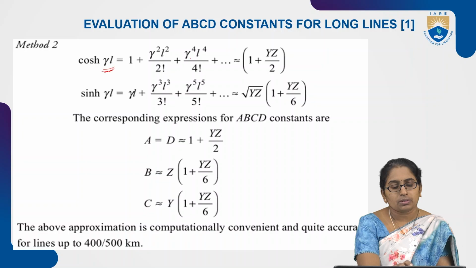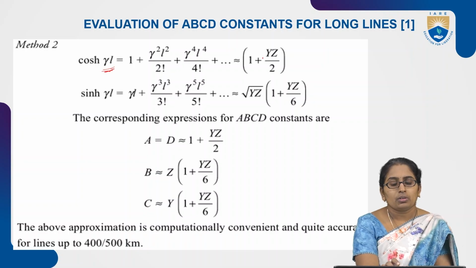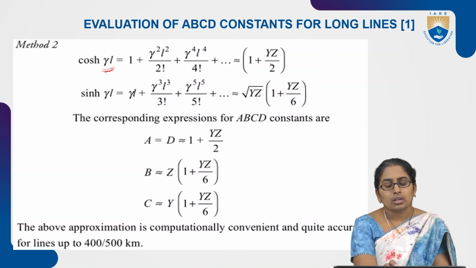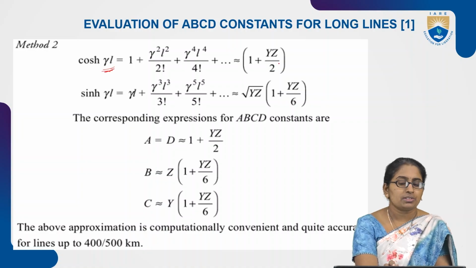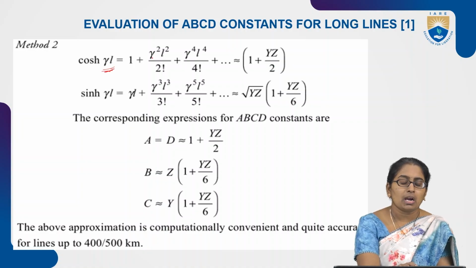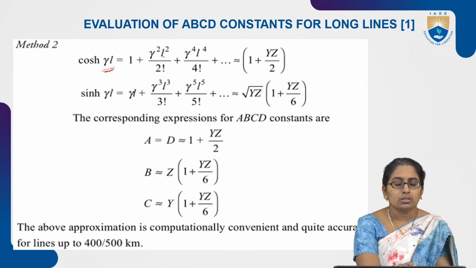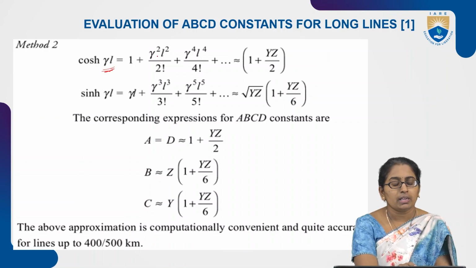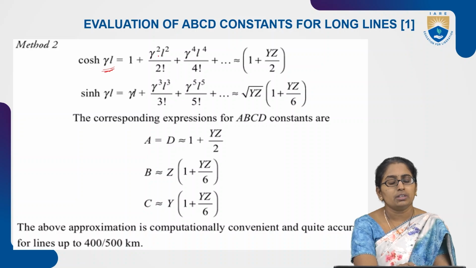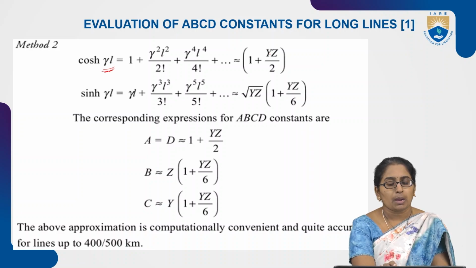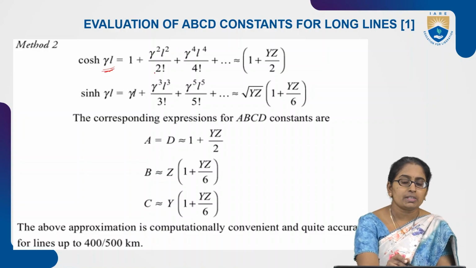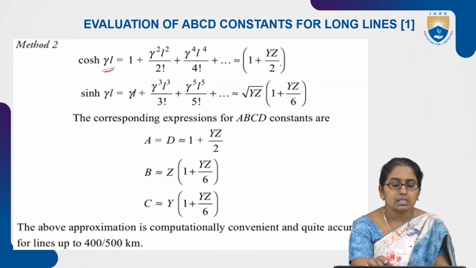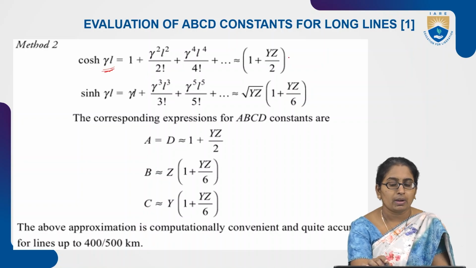Since gamma is square root of small y small z, this is approximated to 1 plus yz by 2, and small y into small z into small L squared becomes total Y and Z. Only the first term is considered, so it is approximated to 1 plus capital Y capital Z by 2.